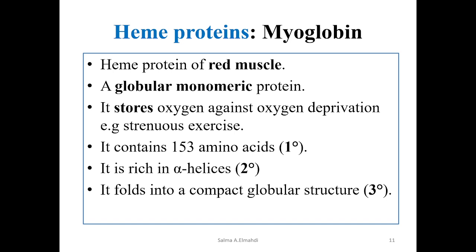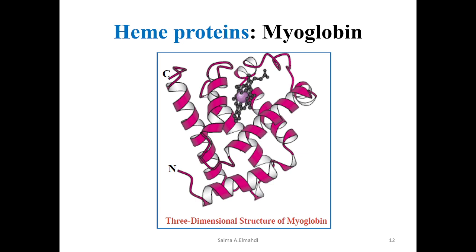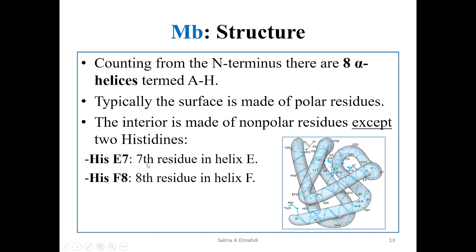It's a monomer. It cannot have a quaternary structure, unlike hemoglobin. So this is our myoglobin. These are the helices that represent the secondary structure. These helices are linked, of course, by loops, which are also secondary structure. And this is the heme here in the middle, and this is the iron molecule.